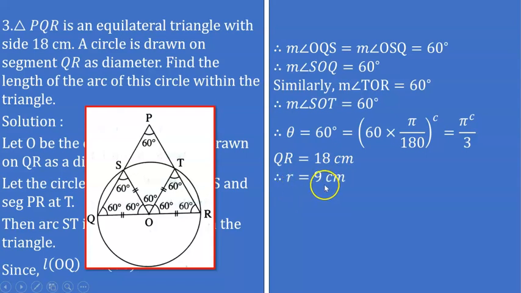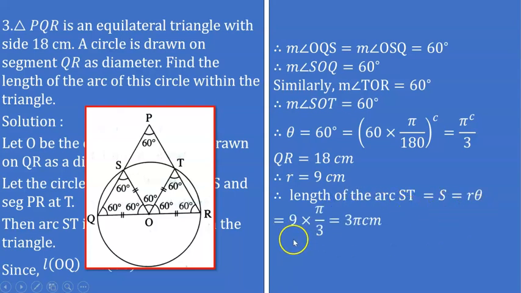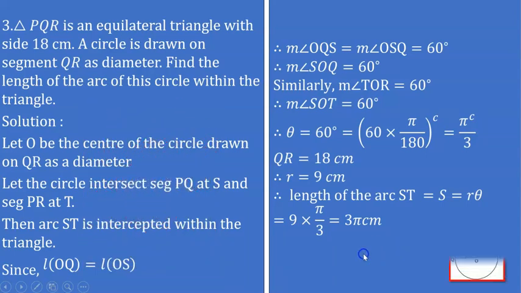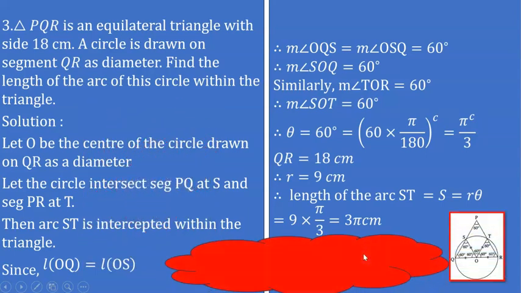Therefore the radius of the circle is equal to 9 centimeter. The length of arc s is equal to rθ. R is 9 and θ is π/3, and after simplification you will get 3π centimeter. Okay, and this is the answer. The length of arc ST is equal to 3π centimeter.